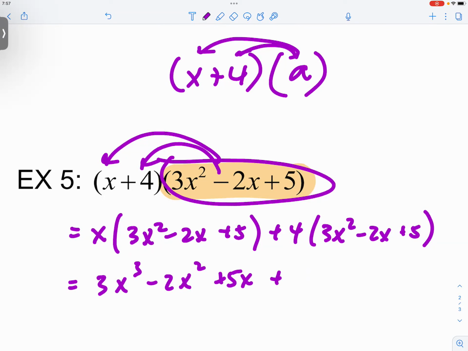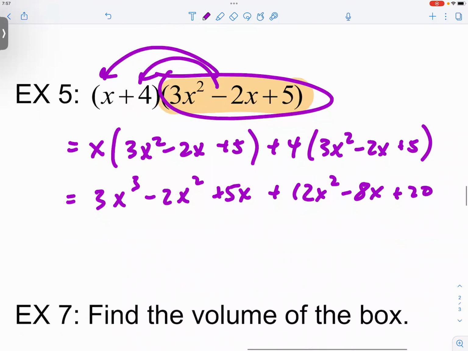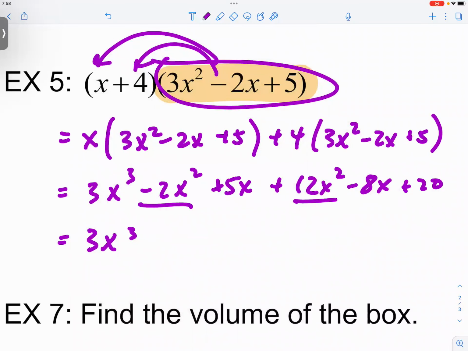That will be 12x squared minus 8x and then plus 20. So just combine like terms again. Oh no, sorry, that's 12x cubed. Hold on. So it'll be plus 10x squared minus 3x plus 20.